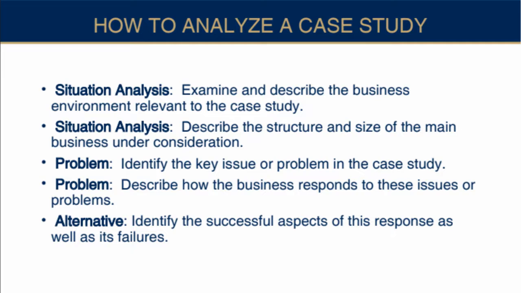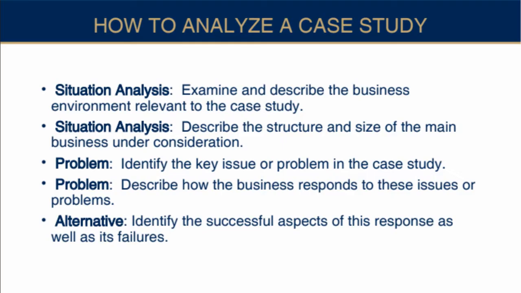Briefly, you're also describing the structure and size of the business that you're considering. And again, if you are doing a company that has multiple products, say a Microsoft or an Apple, don't present the whole company. Pick a product and narrow down quickly to that product, and show how that product can best be improved through your recommendations and analysis.